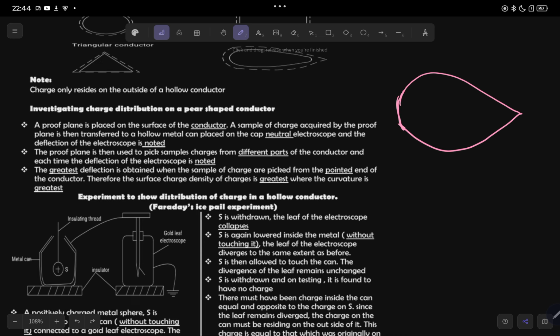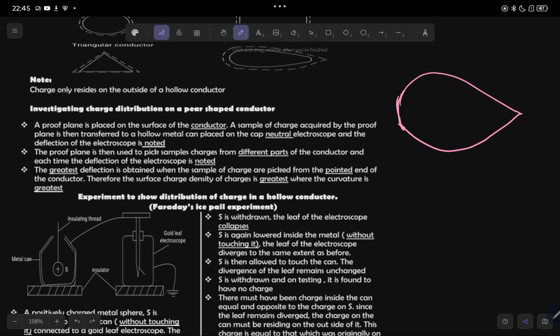Now, a sample of the charge acquired by the proof plane is then transferred to a hollow metal can which is placed on the cap of a gold leaf electroscope. So they get a hollow can and place it on top of the cap of a gold leaf electroscope, which means it almost becomes part and parcel of the electroscope cap.